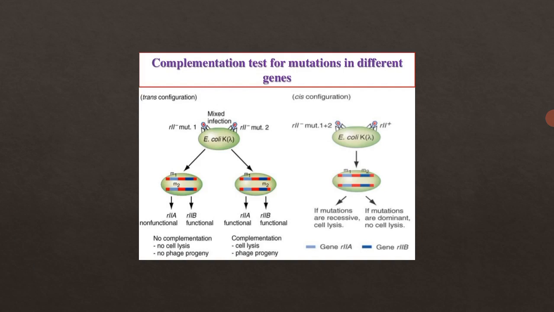The similar example has been represented here, just with different colors. Okay, the example is the same. If you look carefully, you can see on the left hand side, in the trans configuration, we have again R2A that is non-functional, R2B is functional, and on the opposite side both are functional.